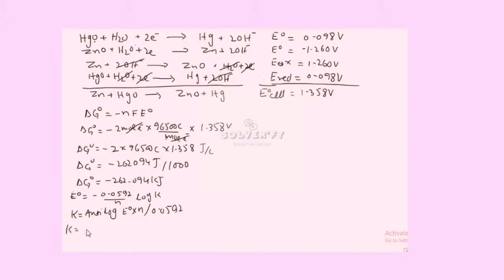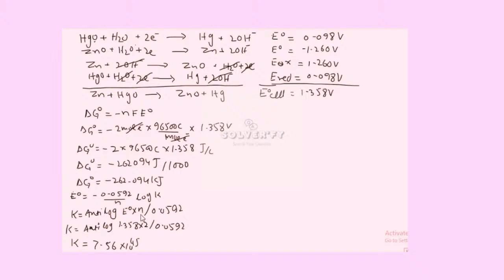So K is equal to antilog of E naught value 1.358 multiplied by n equal to 2 divided by 0.0592. So K is equal to 7.56 into 10 raised to power 45 when we calculate the antilog of the above equation.